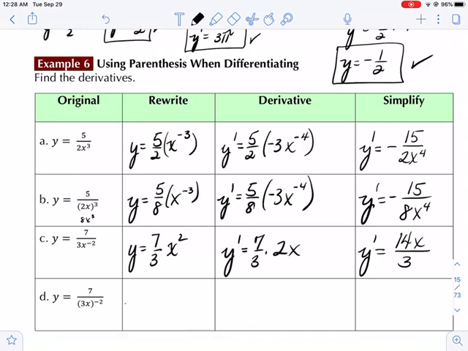For the last one, where we have y is equal to, this would then be 7. Now you have to watch, your 3x to the negative second power is really going to be 7 over 1 over 3x squared. So it's actually going to be 7 times the quantity 3x squared.